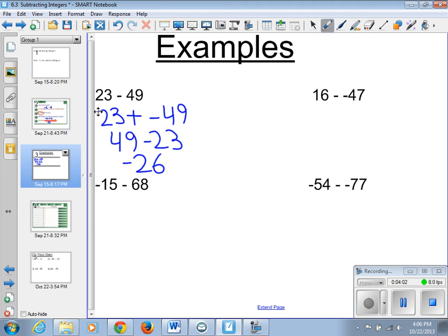The next one, 16 minus -47. Stay, change. 16 plus 47, we just add the numbers as we normally would to get 63.